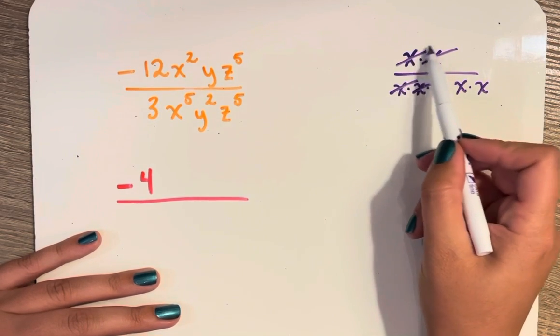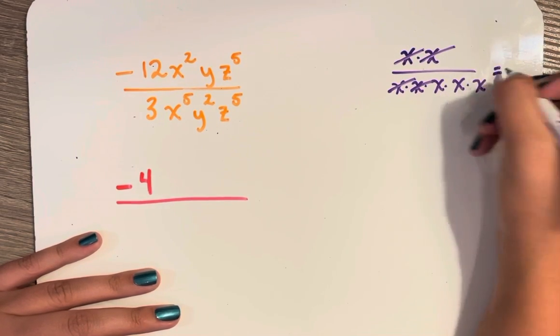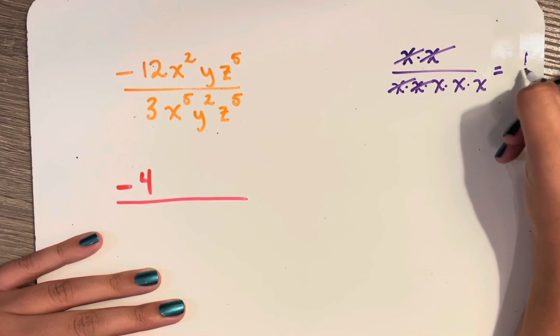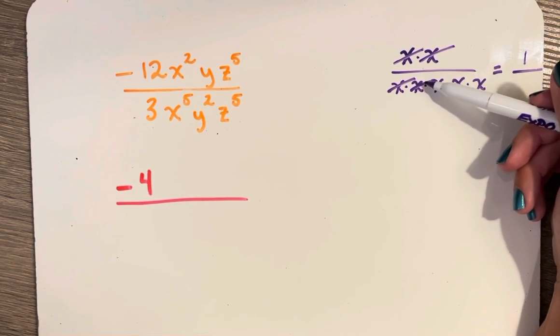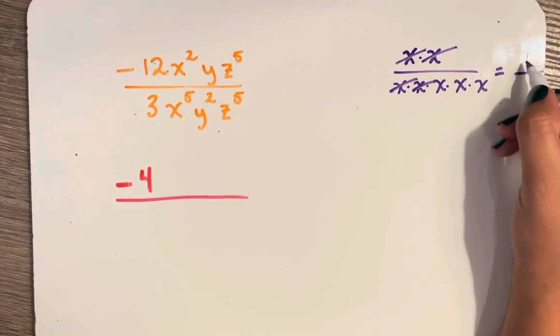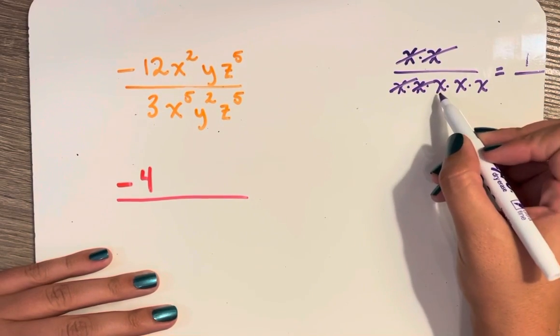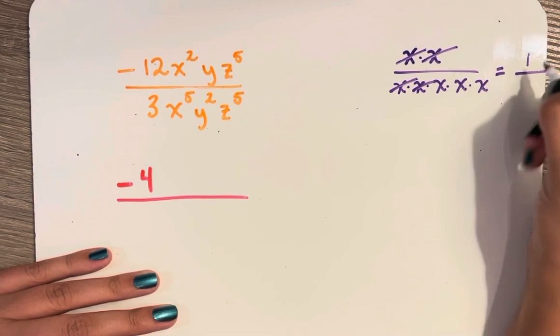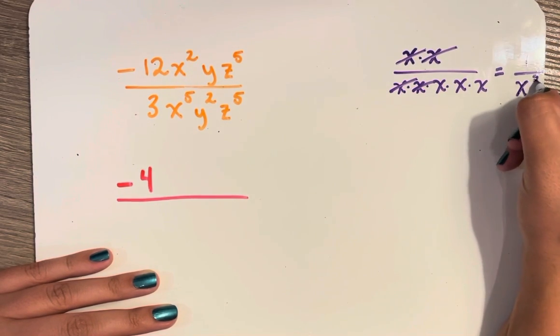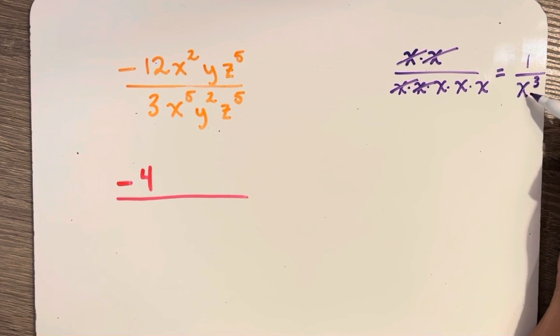When I cancel these out from the numerator, it doesn't become a 0, it becomes a 1, because these are just being divided, right? An x divided by itself is just 1. So my numerator would be 1 over, and I still have 3 x's being multiplied together in the denominator. So 1 over x cubed.